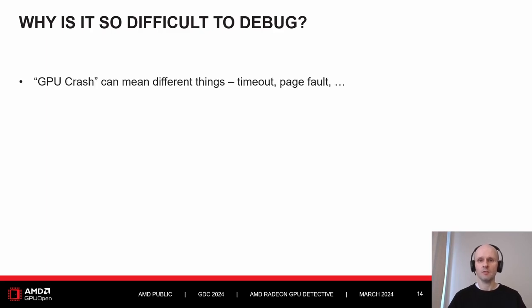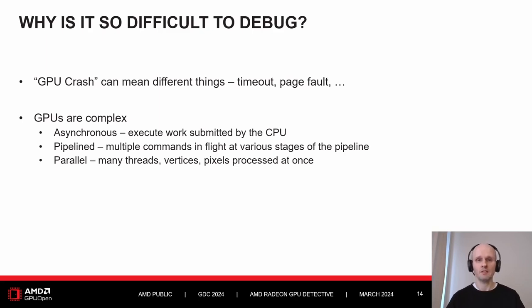First of all, what I call here an informal GPU crash can really mean different things under the hood, on the driver or the hardware level. It can be, for example, a timeout due to an infinite loop in a shader. It may be a memory page fault, some piece of GPU hanging, and possibly other things. Modern GPUs are complex. They work asynchronously as a coprocessor executing commands at their own pace while the CPU already calculates the next frame.